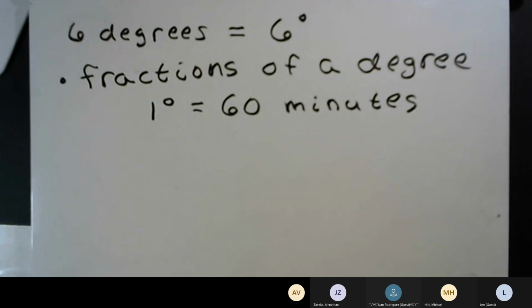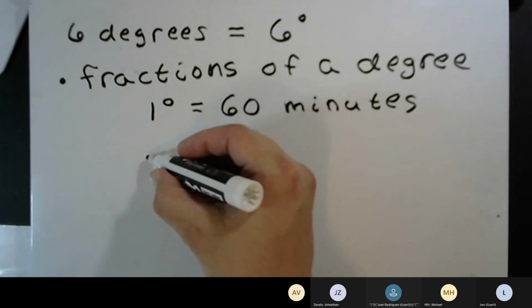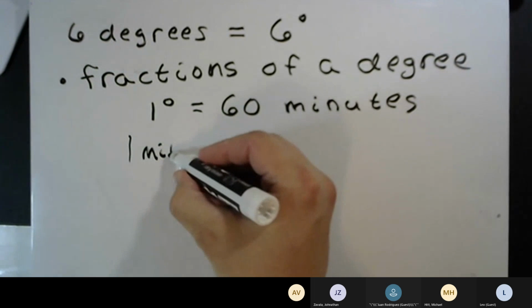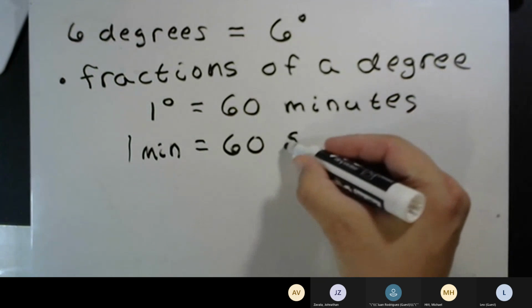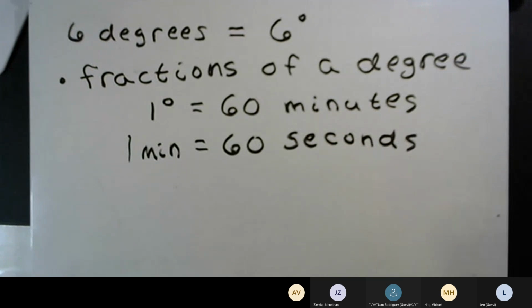So instead of having decimal parts, we're going to talk about minutes. And then it breaks down even further. 1 minute is 60 seconds. So you'll run into this from time to time. You might see measurements in terms of minutes and seconds.